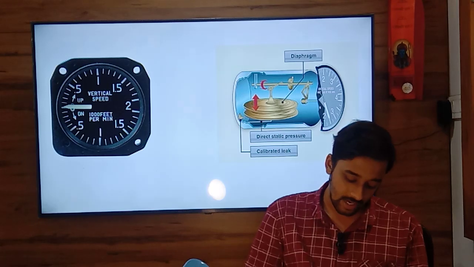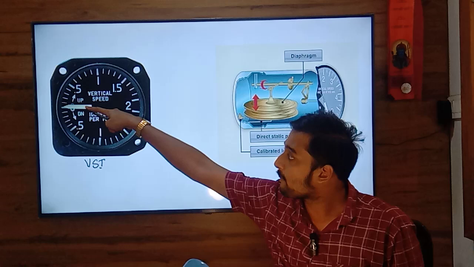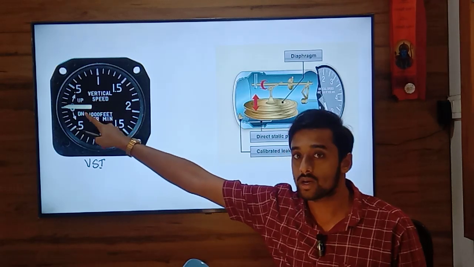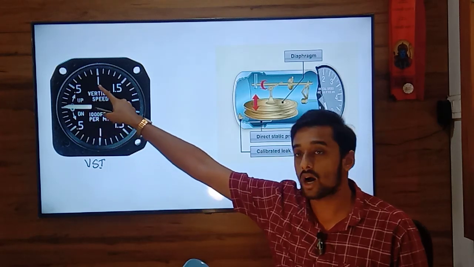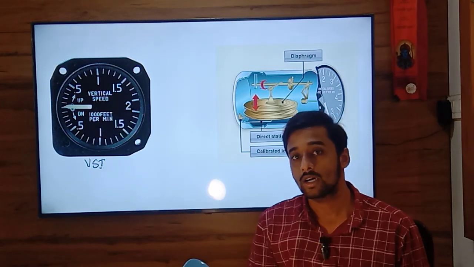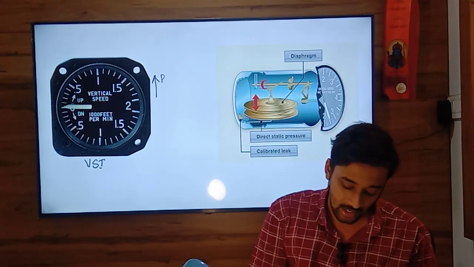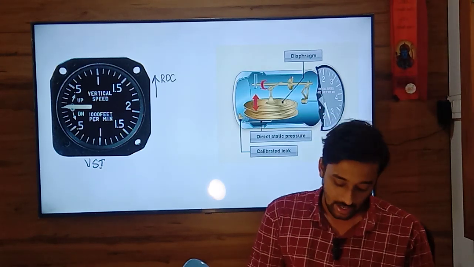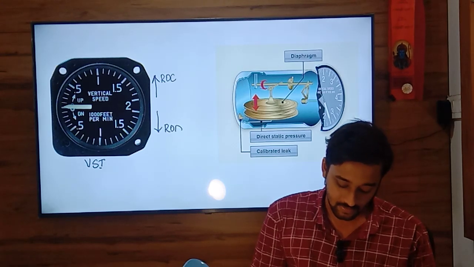Now this is how your VSI indicator looks. Currently the VSI is showing 0 feet per minute, meaning flight is straight and level. If the arrow goes up, that means above 0 there is a rate of climb. Any value below 0 will be rate of descent.